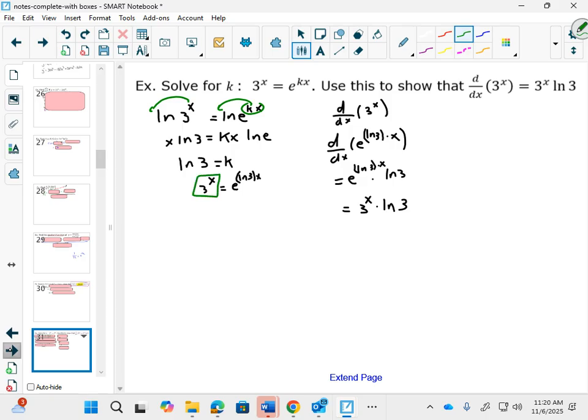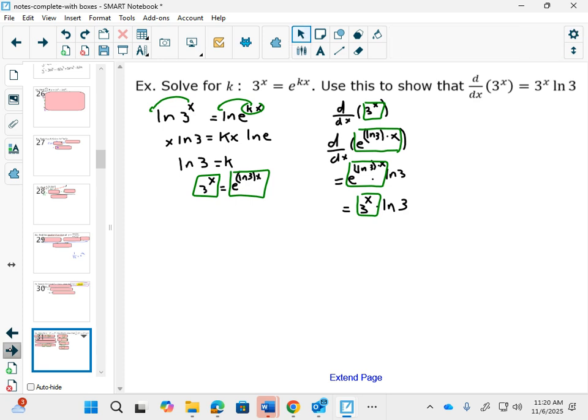Three to the x is equal to this. So I started with 3 to the x, I replaced it with that. Then that got to be the same, so I could replace it back. All of those things in those green boxes are the same all the way through. I just changed the formatting so I could do the derivative.